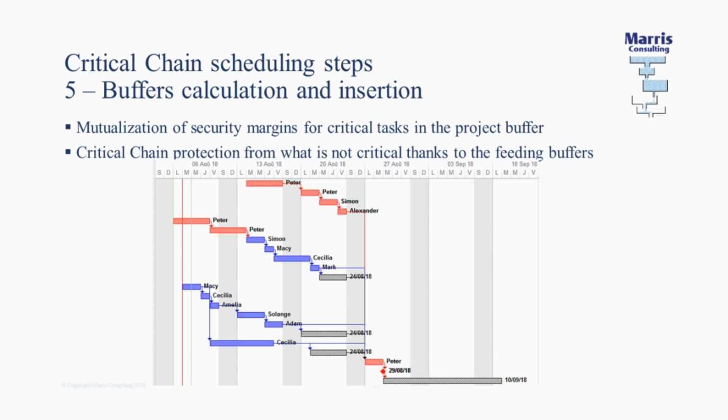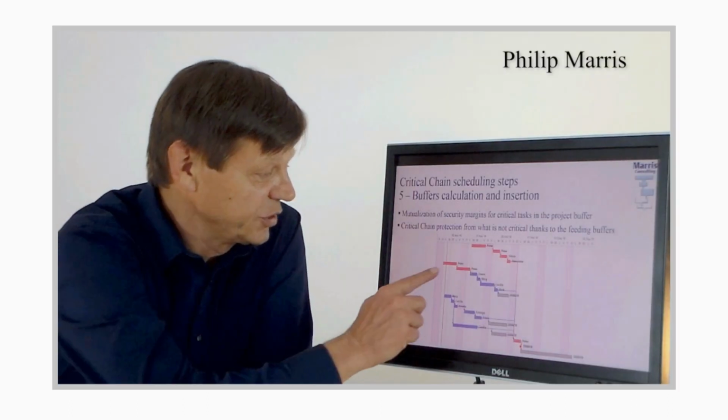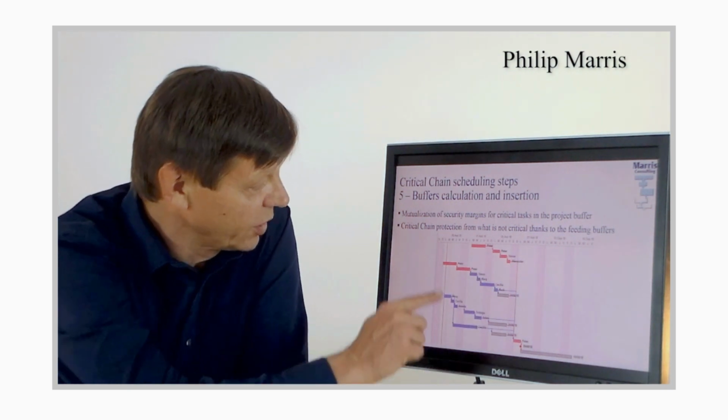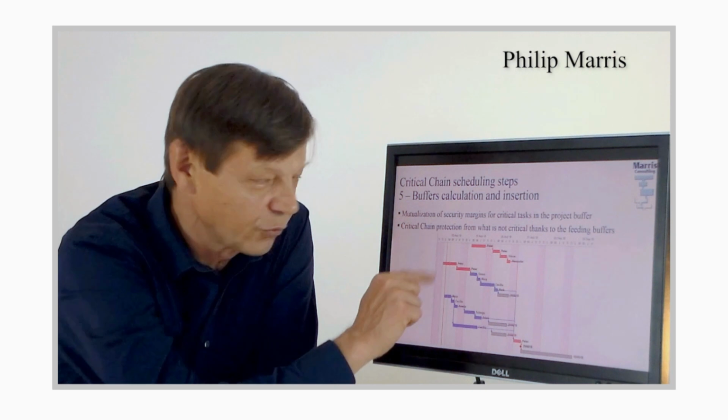But what is that? That is something of huge value, because it is a high-performance planning. It's high performance because these durations are very short. It's very realistic because it hasn't assumed I have 3 Peters.